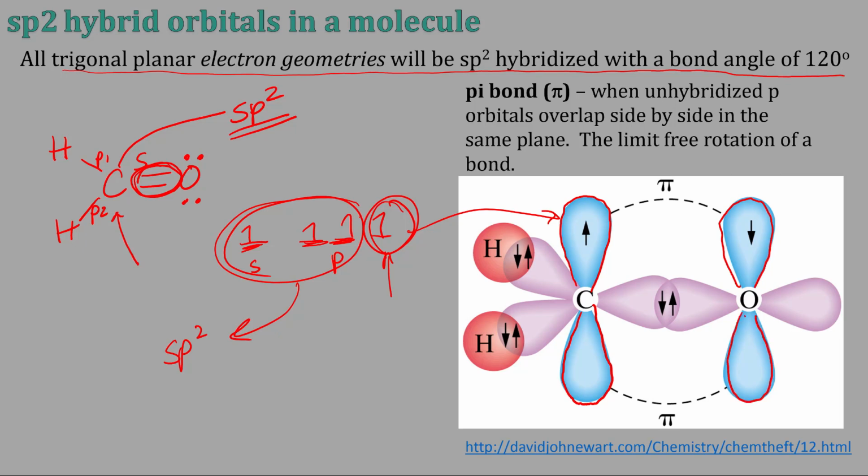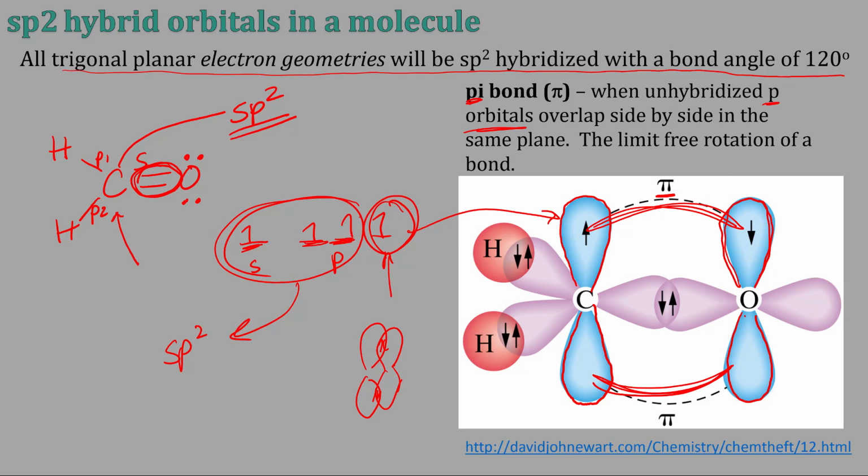And so a pi bond forms. And a pi bond is when unhybridized p orbitals, that's why it's called pi, overlap side by side in the same plane. So they have to be pointed in the same direction, and they actually overlap like this, but they can't draw it like that because then everything would be too close together. And so we just draw it like this and say, okay, there's overlap here.